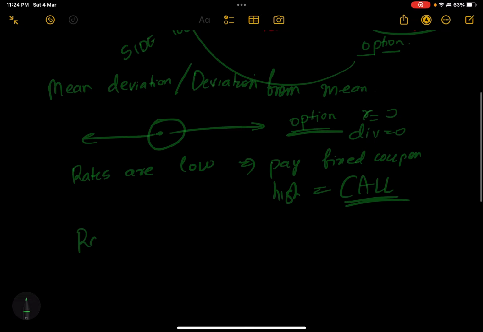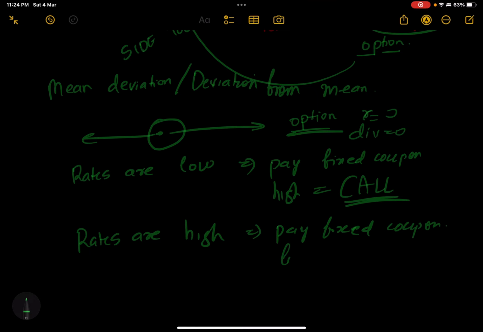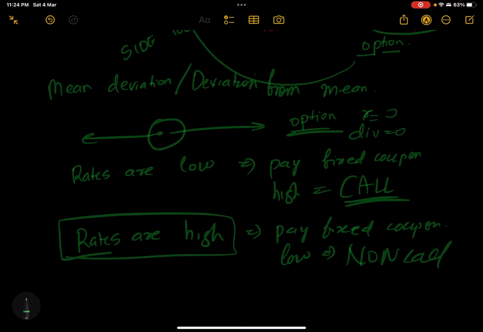When rates are high, I pay a fixed coupon which is technically low, so I will not call the structure. But the question is, why when rates are high I won't call the structure?